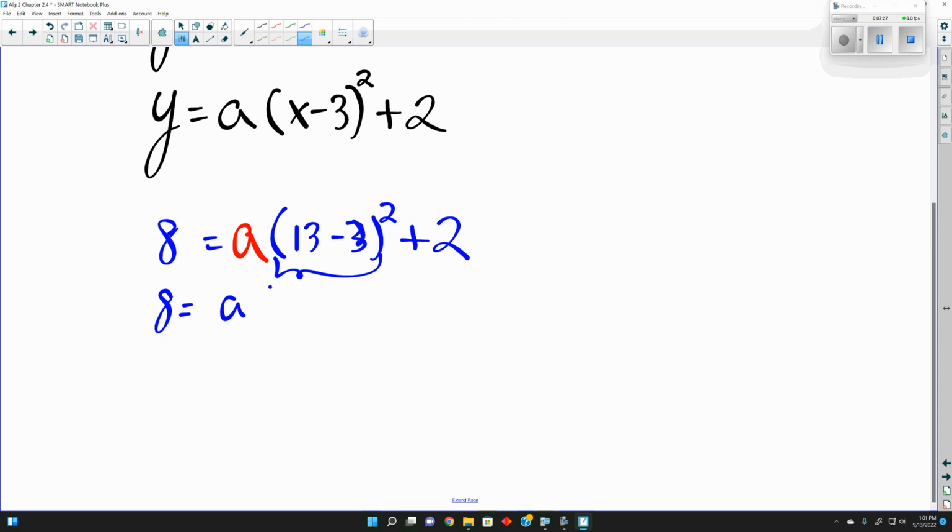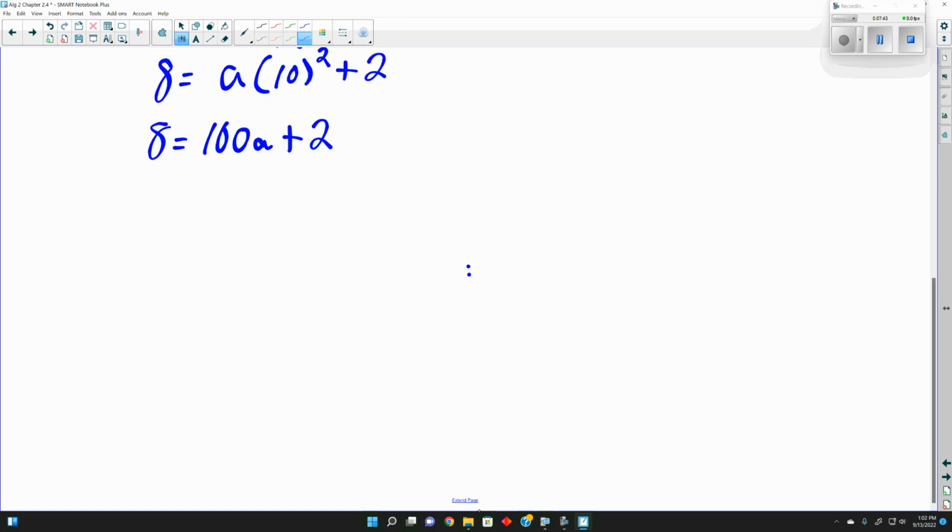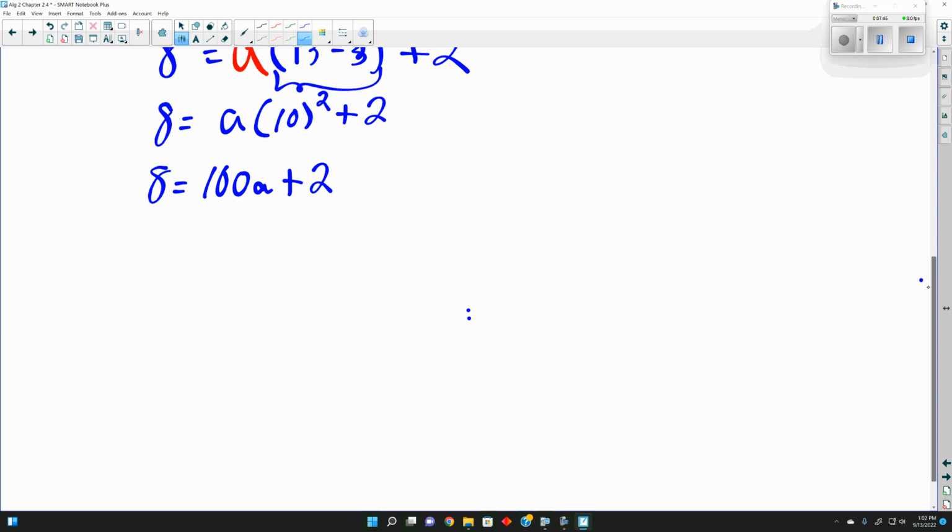If we stepped it out, 13 minus 3 is 10, squared. 10 squared is 100A. Yes. Any questions on what we've done so far?